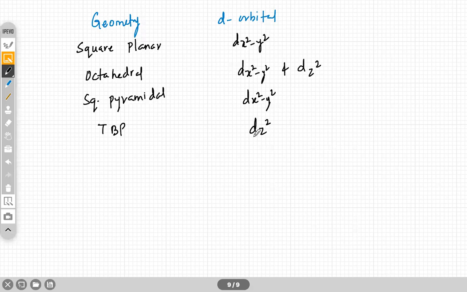Mostly pz we don't consider, because pz normally forms the sigma bond first. That's why we always assume the internuclear axis along the z-axis, right? But they won't ask you which orbital is left behind in the p subshell, whether it is px, py, pz, because that is not in our control. You cannot say that theoretically. Okay, sir.